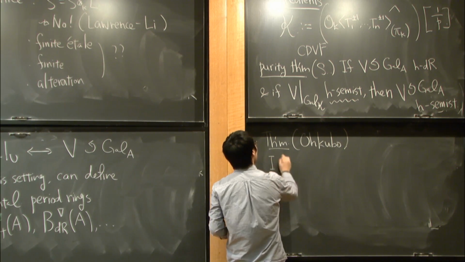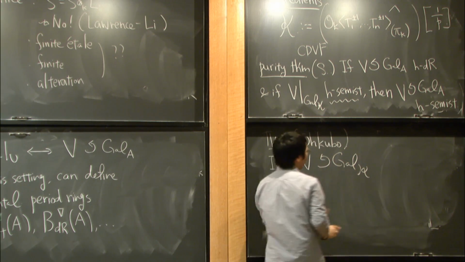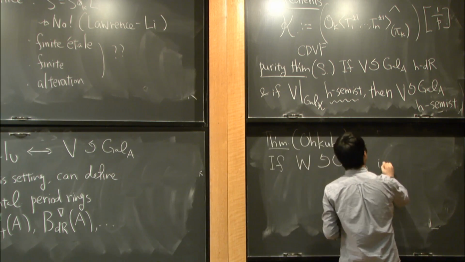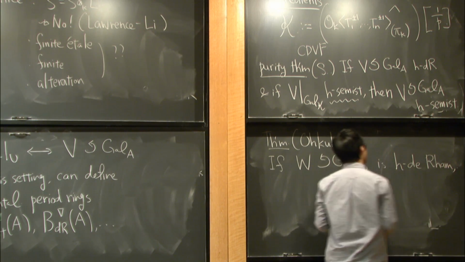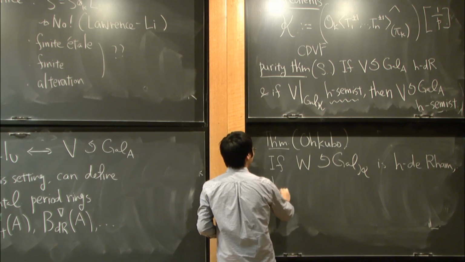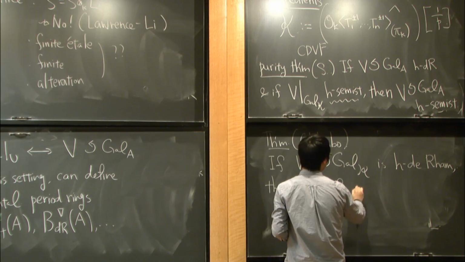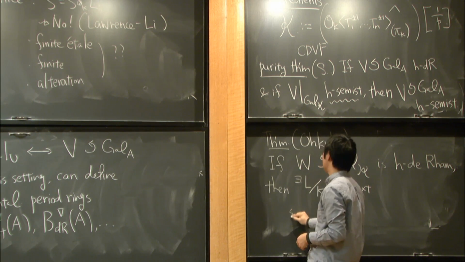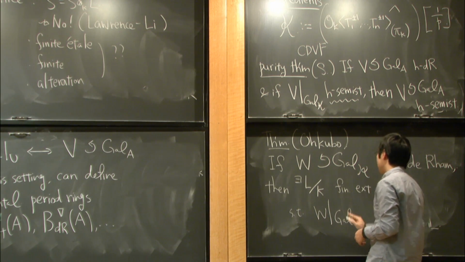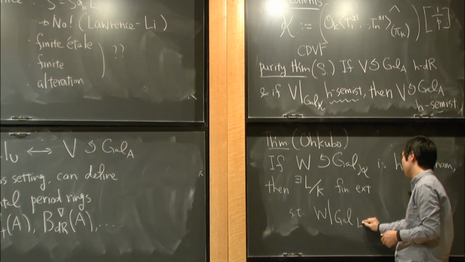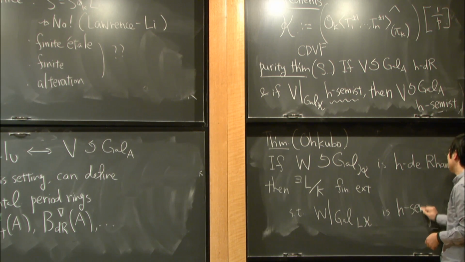Namely, if W is a Galois representation of this field, and if this is horizontally de Rham, then there exists a finite extension of the base field such that this representation restricted to the composite of this field is horizontally semistable.